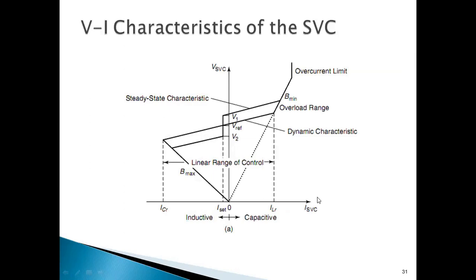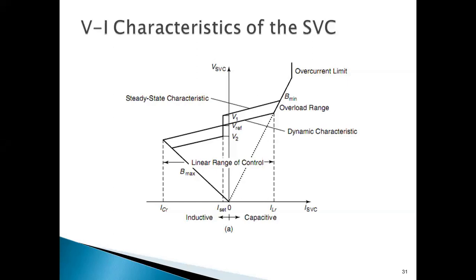Why is it positive, why is it negative? In my understanding, you can correct me if I am wrong, whenever it draws current we say it is positive, and whenever it delivers, it is negative. Therefore I am taking IL as positive and IC as negative. IC is the capacitive current, IL is the inductive current.